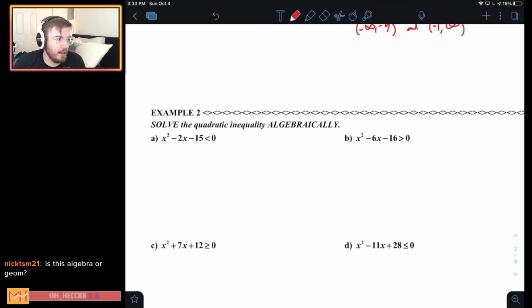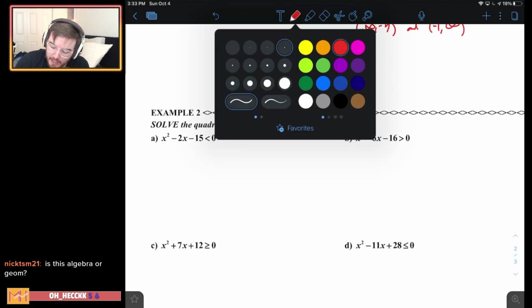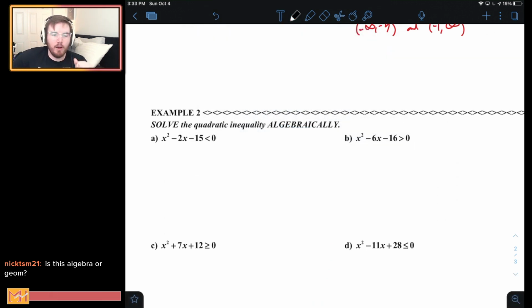To be perfectly honest, I know I've said many a time that you should be comfortable solving these the other ways. But when it comes to inequalities, I would encourage you to use a graph. I'm honestly not going to sit here and stress about how to solve these algebraically.